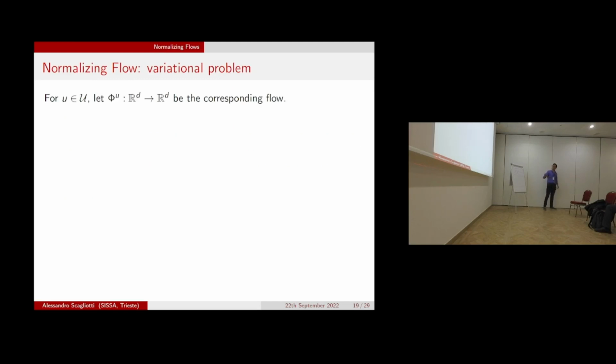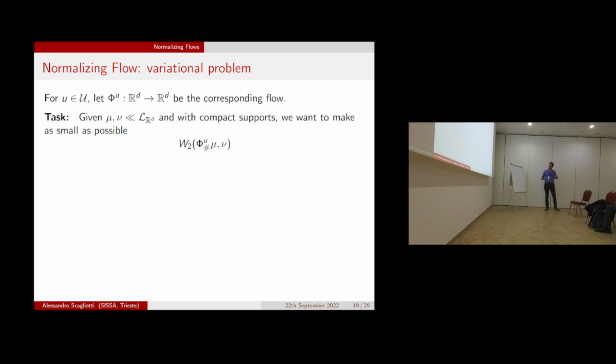Okay, so same notations as before. So we have an admissible control, and with the admissible controls we consider the corresponding flow. What is the task? Okay, so we are given two probability measures, mu and nu, absolutely continuous with respect to R^d. Before I talked about random variables, but now I think it's better to think about their distribution rather than the random variables themselves.